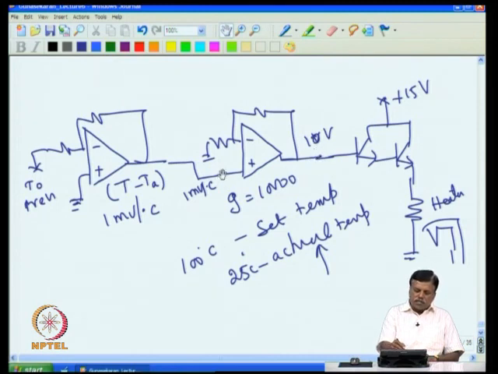Once the temperature difference is 1.5, this becomes 1.5 millivolt, and this has come to 15. When the temperature difference is less than 1.5 degree, the difference will be less than 1.5 millivolt, and this also will come out of saturation, that is, come below 15. That means this is operating in the linear region, and this also will be operating in the linear region.